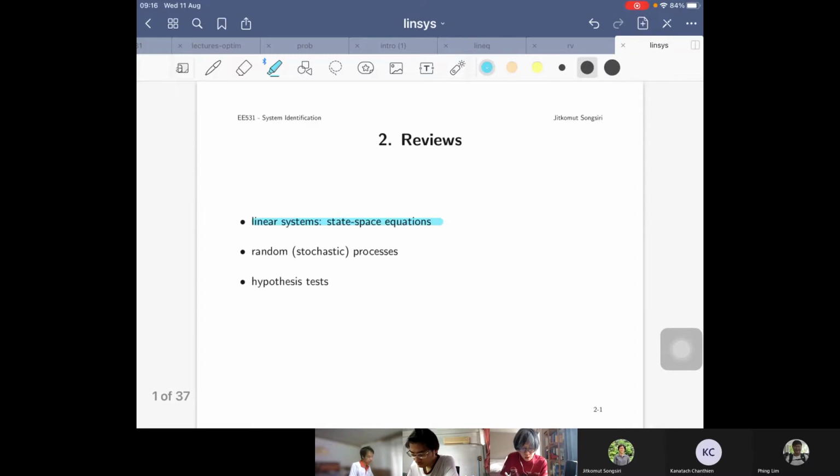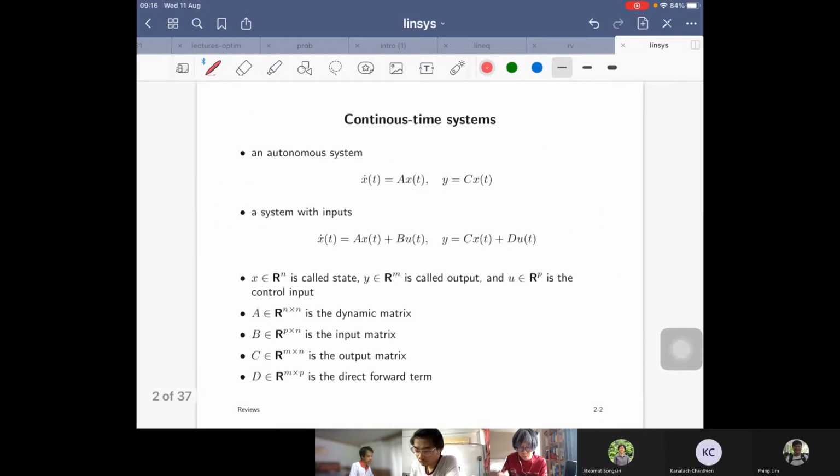In this class, we're going to deal only with linear system, linear time invariant system. If we categorize into continuous time and discrete times, let's take a look at the form of continuous time linear state space model.